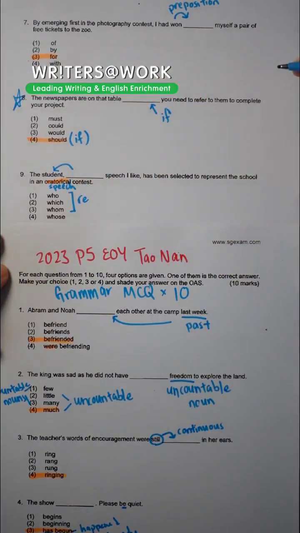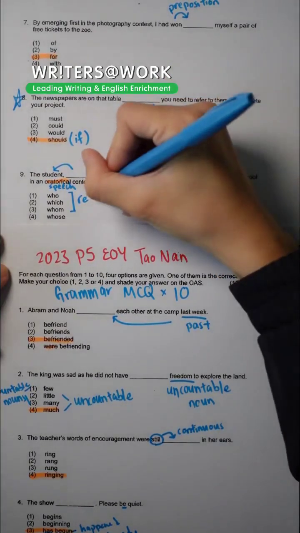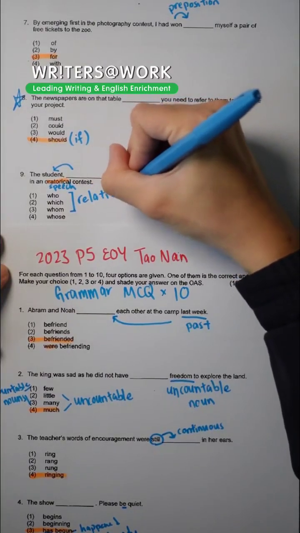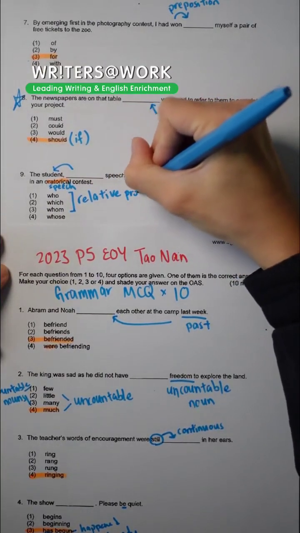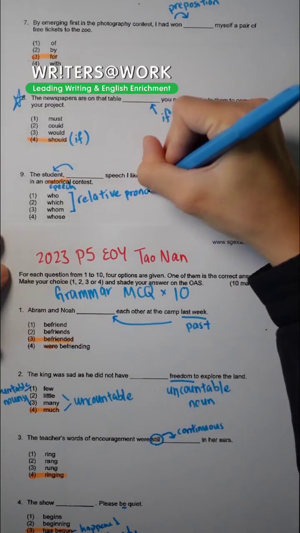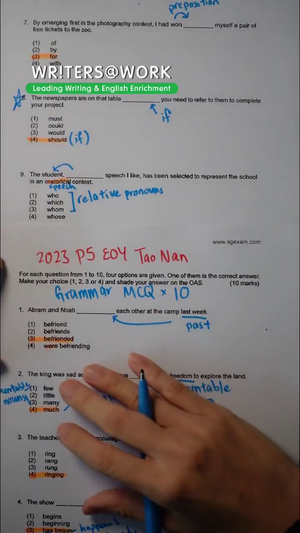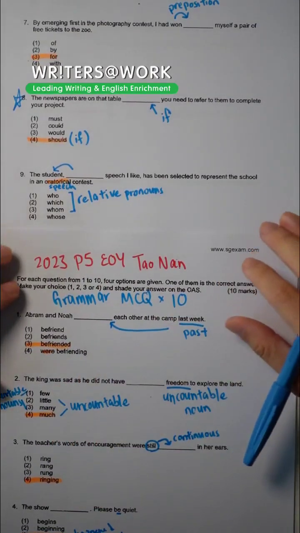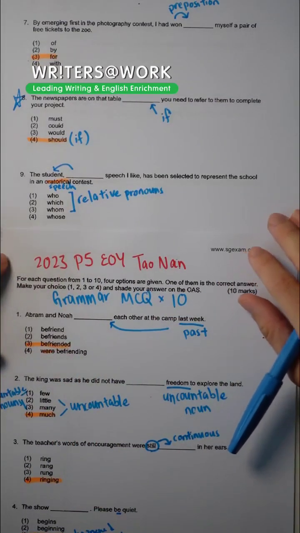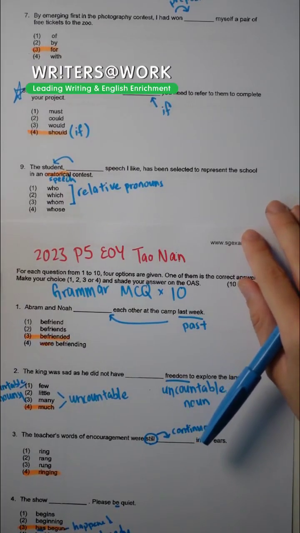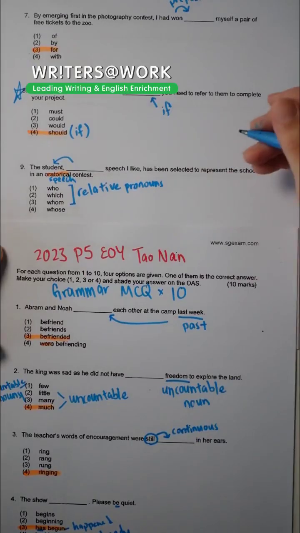Okay, relative pronouns relate or point to a subject or the object in the sentence. For example, whom or who. I'm the one who is teaching today. You are the one whom I am teaching.